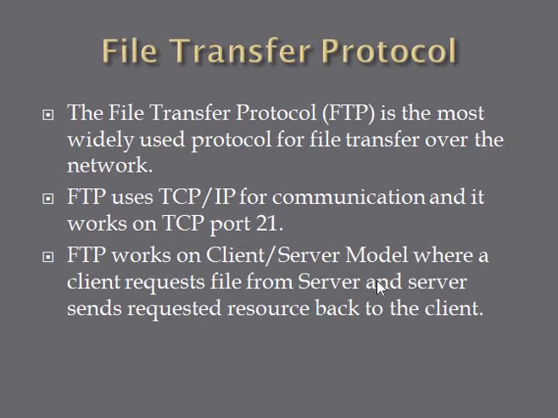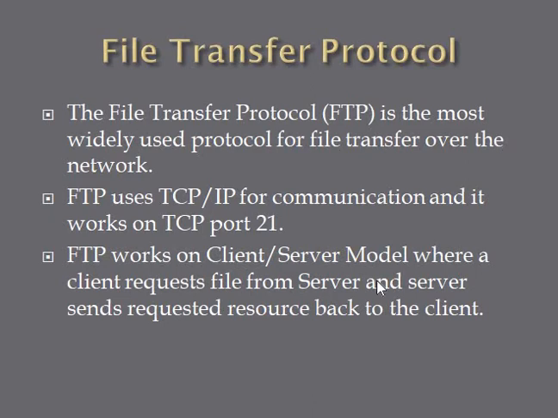Let's study the third protocol, that is the File Transfer Protocol. The File Transfer Protocol, called FTP, is the most widely used protocol for file transfer over the network. FTP uses TCP/IP for communication and it works on TCP port number 21.